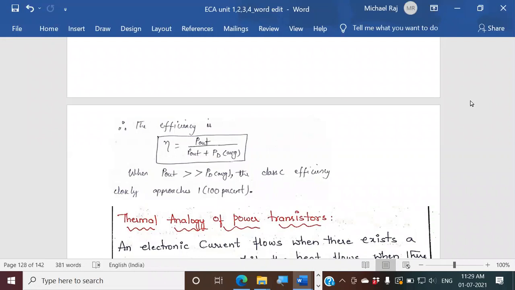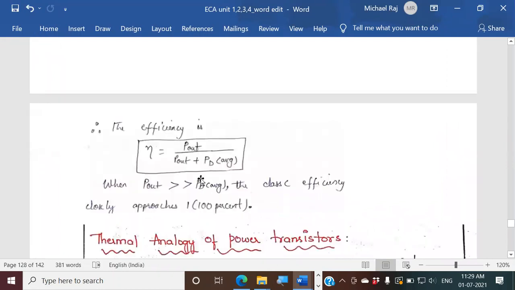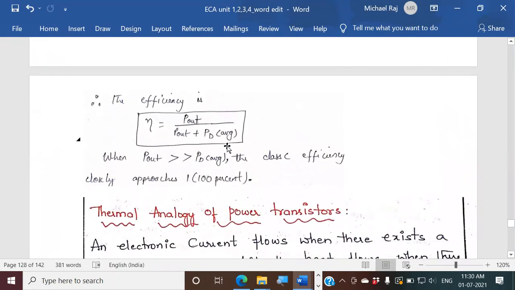So how can we achieve high efficiency? For the case when the P out is much greater than the PD average, we can neglect the PD average in the denominator. Then P out by P out, we will get 1.